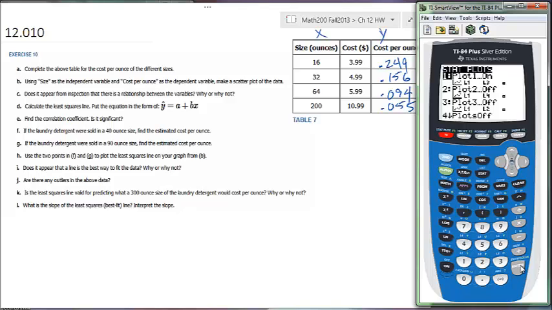I'm going to select one. It's already on. If it's not on, the off would be highlighted, so let's go back and turn that on. Arrow down to the type. The type is a scatter plot, and that's the first choice.